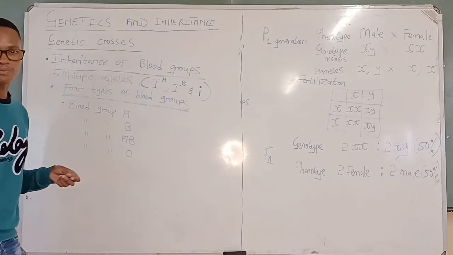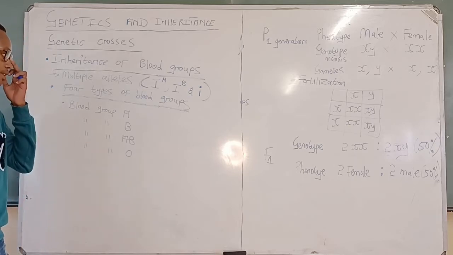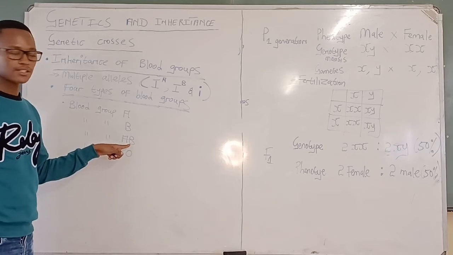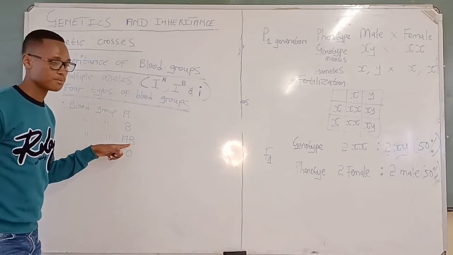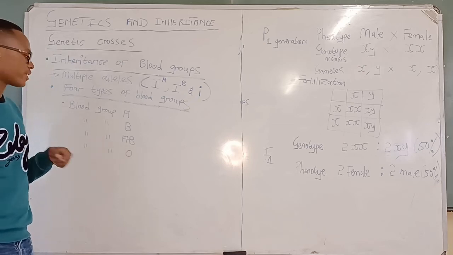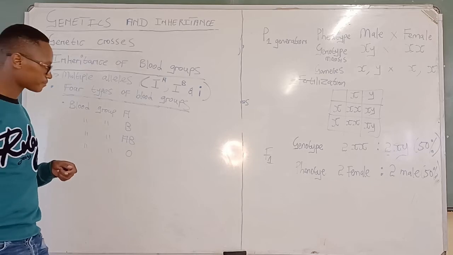When you have blood group O, they say that you are a universal blood donor. And this one, they call you the universal blood group recipient, AB. Now I'll try to show you why these two are called like that.